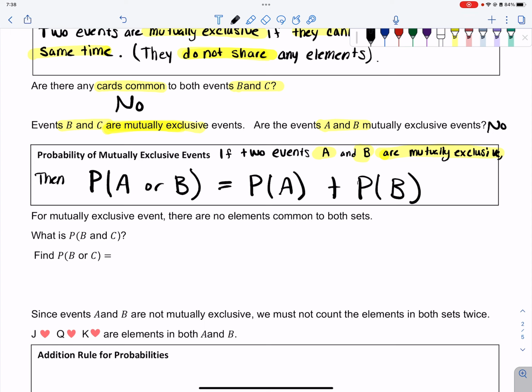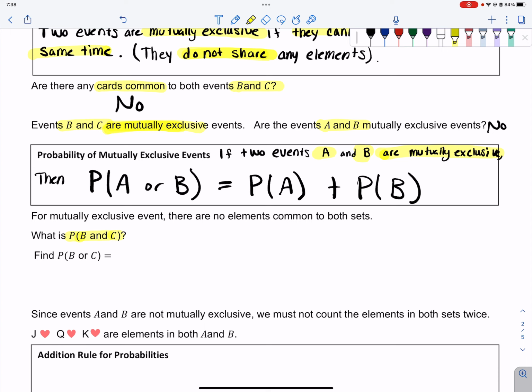So if we think back to events B and C on the last page, B as our face cards, C as the 2s, 3s, and 4s that are black. I first want to know, what is the probability of B and C happening? Well, the "and" is the intersection of the 2 events.